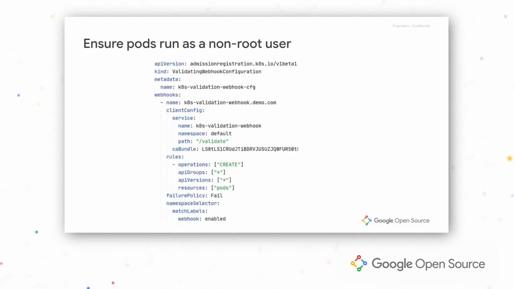And here is our validating webhook configuration, in which we have one webhook called kubernetes-validation-webhook.demo.com, for all the pod creation requests happening in a namespace which has the webhook label set to enabled.